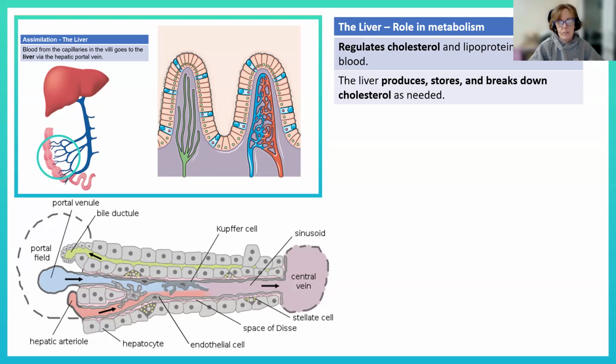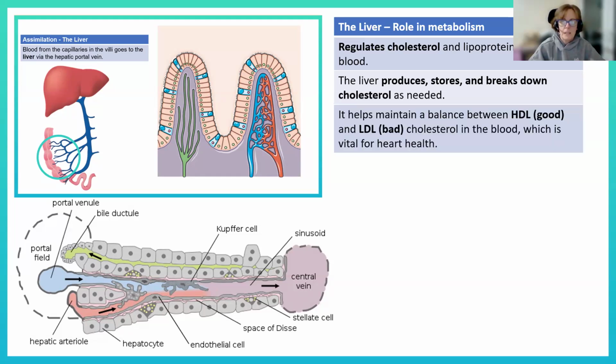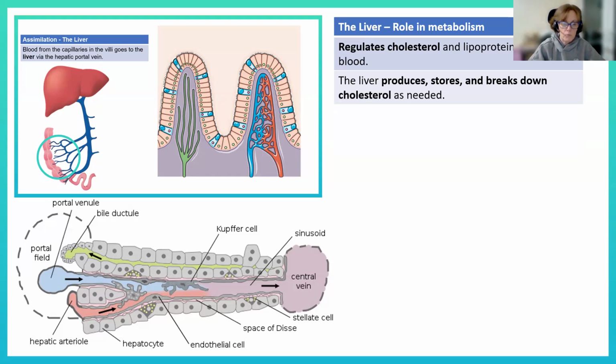Now, we normally think of cholesterol as being bad because that's what we're taught in terms of diet and things like that, but it's not all bad. Actually, cholesterol itself has a very important role in stabilizing the cell membrane. Remember, we looked at the video and saw it looking like a lava lamp.